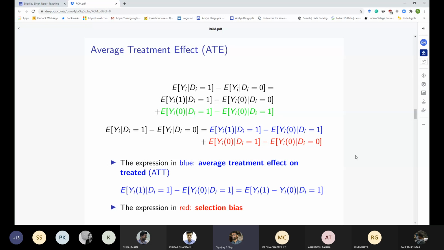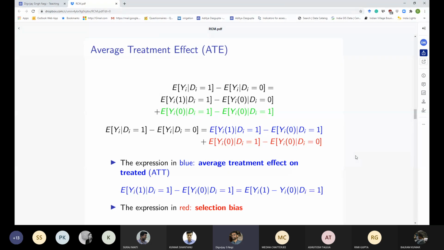For example, suppose we have this hypothesis that students who study in IGIDR get better jobs than students who don't study in IGIDR. And what we do is we compare the job market outcomes of IGIDR students versus non-IGIDR students.